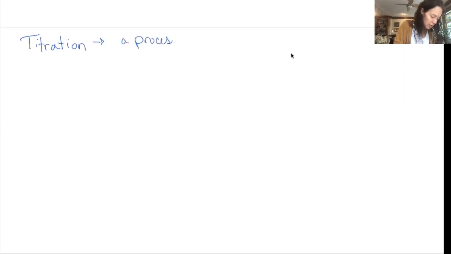Yay. All right, titrations. Titration is something that you do in the lab. A titration is a process. It is typically a process used for many reasons.